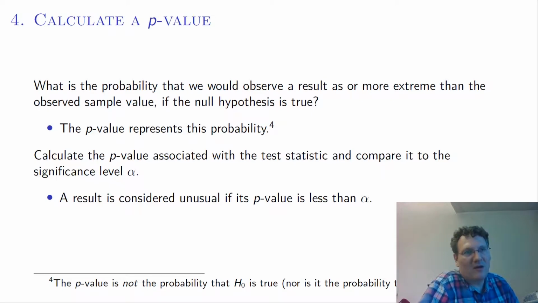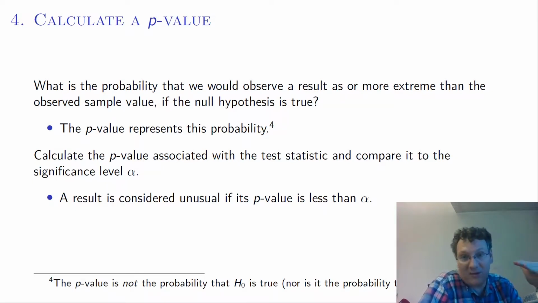The p-value is a probability, so it's from 0 to 1. The higher the p-value, the less inclined we are to reject the null hypothesis, because that means the null hypothesis is in line with our data. If the p-value is really, really small, we would be more inclined to reject the null hypothesis. And if you need a threshold, you use alpha.